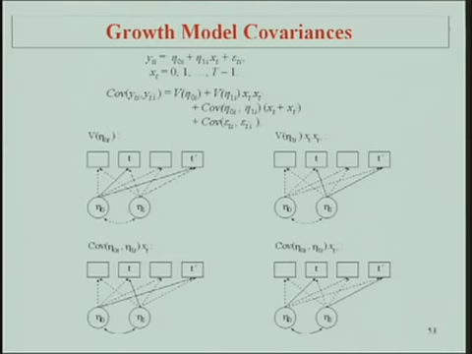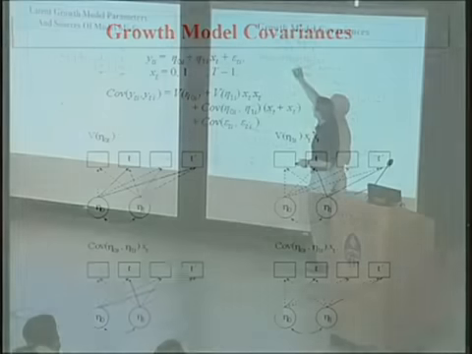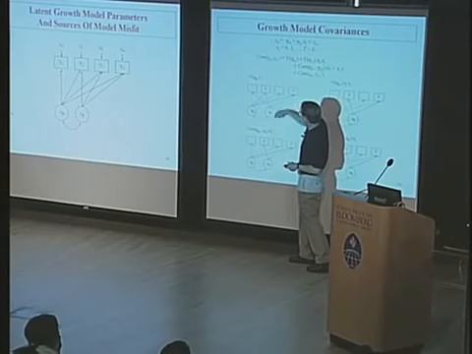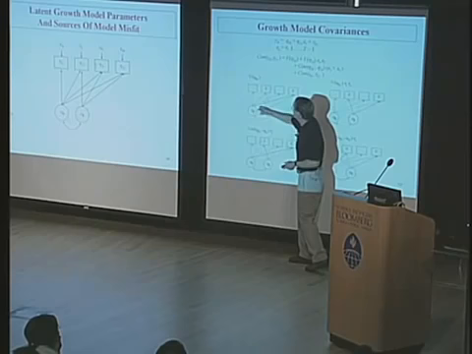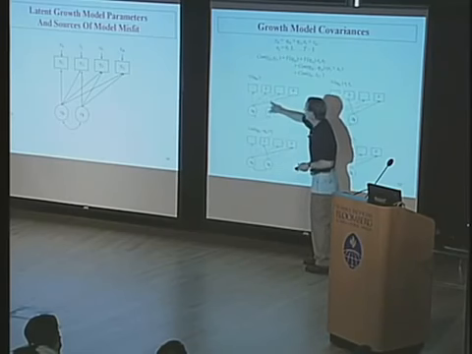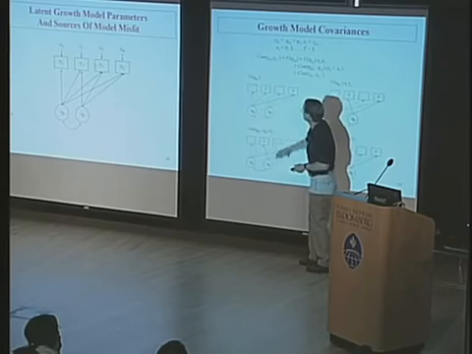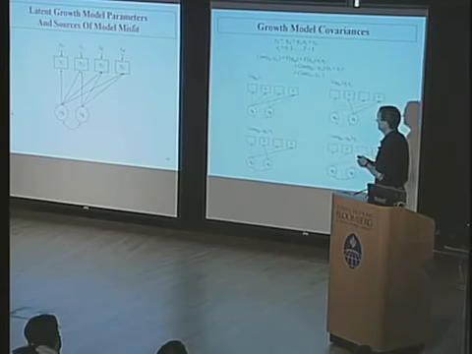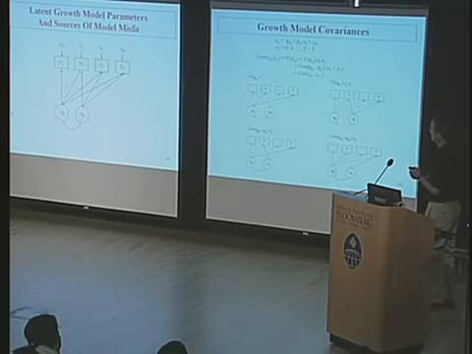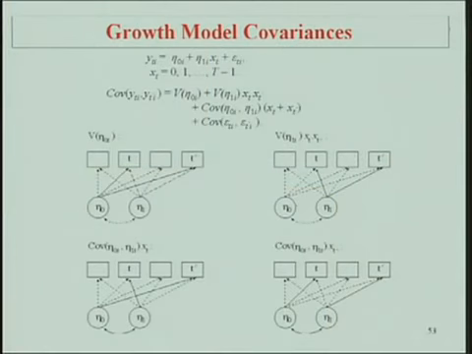And it's interesting, that covariance then has 1, 2, 3, 4 terms. And you have the terms here written out. The variance of eta 0 is captured by this form here. This is because the variance of eta 0 influences the y's with coefficient 1. So the covariance between this y and that y is simply the same as the variance of eta 0.